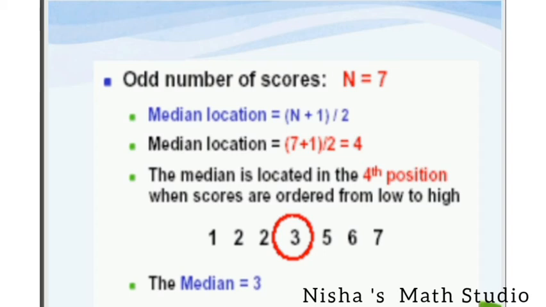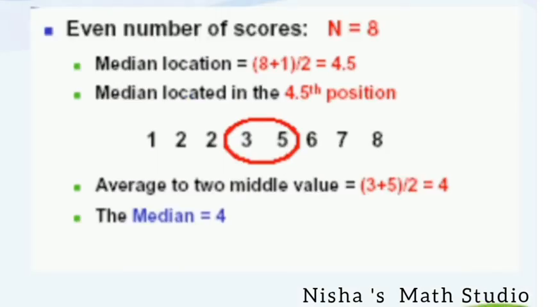But when there are even number of scores, we have to find the middle 2 positions. That is, in this example we have to find out the 4th and the 5th position and take the average of it to get the median, which you will be learning in your higher classes.